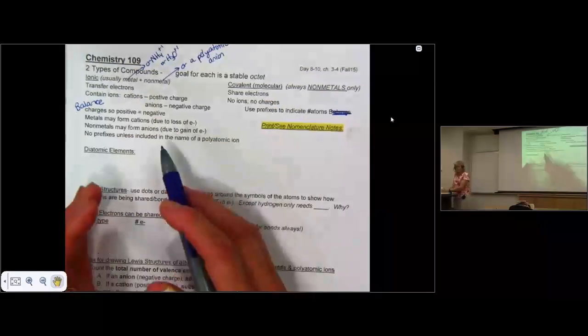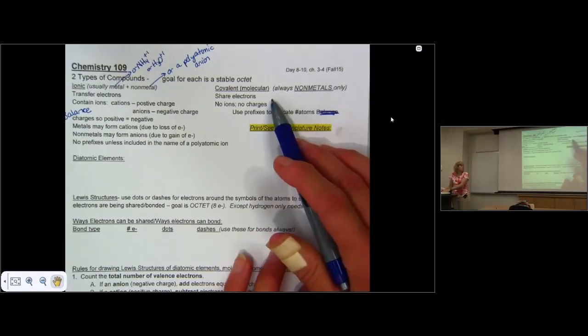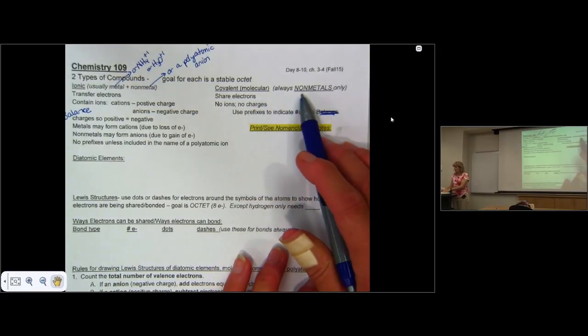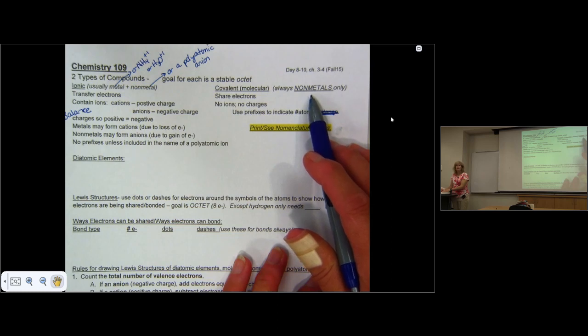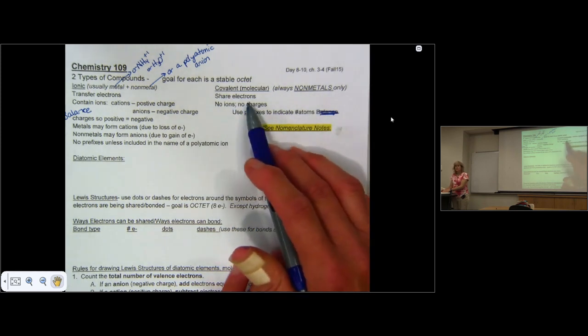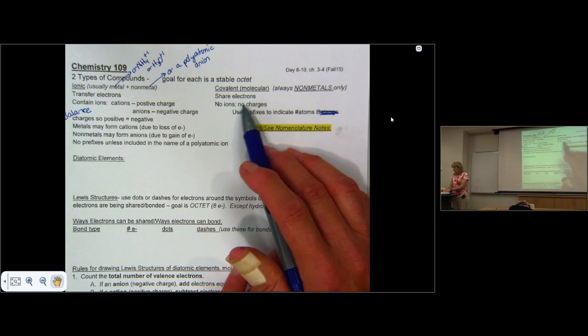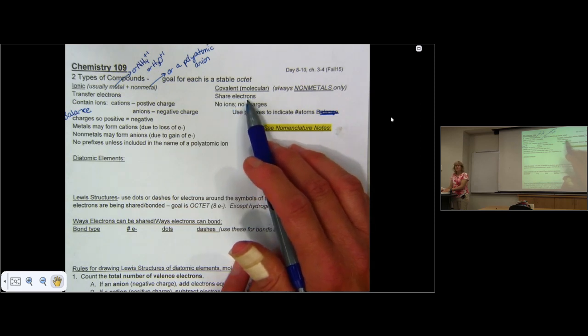In comparison, molecular compounds or covalent compounds are only what? Nonmetals. Straight up, only nonmetals, period. No exceptions. We share electrons. And since we share electrons, are we making ions?